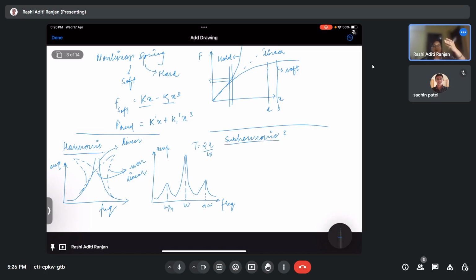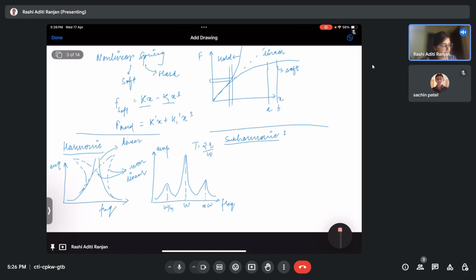So when it is sub, my time period is going to decrease. Intuitively we can understand that if it is subharmonic, it may happen that the omega is being multiplied by some positive integer. So in case of subharmonic, your time period actually gets divided by some value.